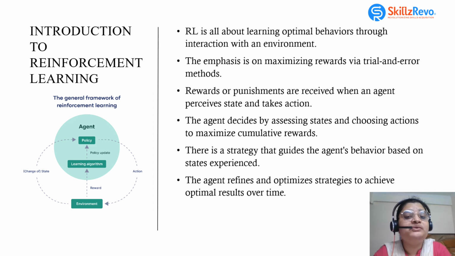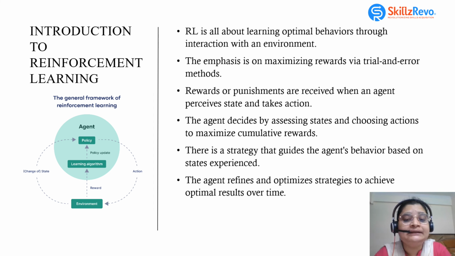Reinforcement learning revolves around the interaction between the agent and its environment, where the agent perceives its state, takes an action, and receives feedback in the form of rewards or punishments. This feedback is crucial as it informs the agent whether its actions are beneficial or detrimental, guiding its learning process towards maximizing the future rewards.